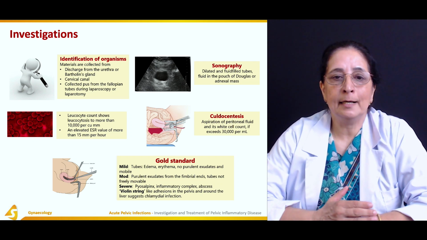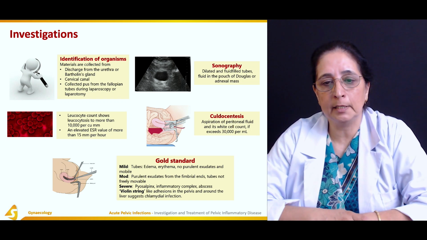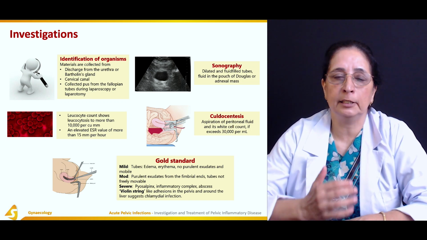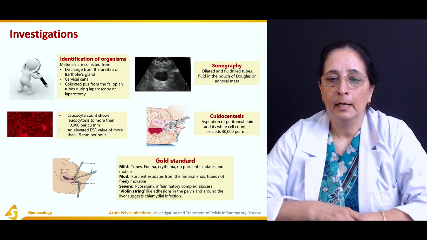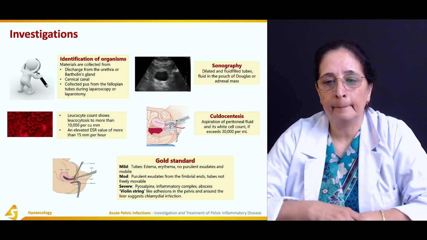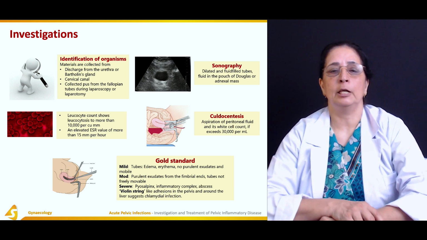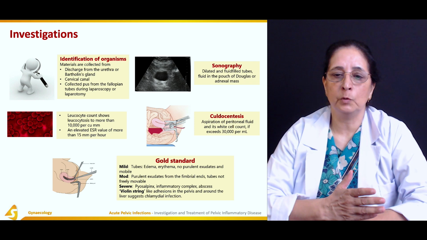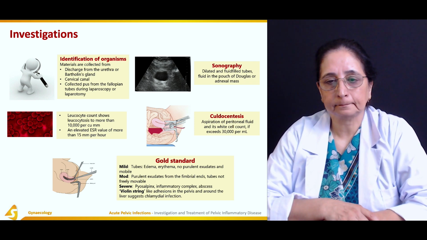Some gold standards for the investigation of pelvic inflammatory disease are divided into mild, moderate, and severe. In the mild form, usually there is edema, erythema, or purulent exudates from the tubes, and the tubes are usually mobile, not fixed.